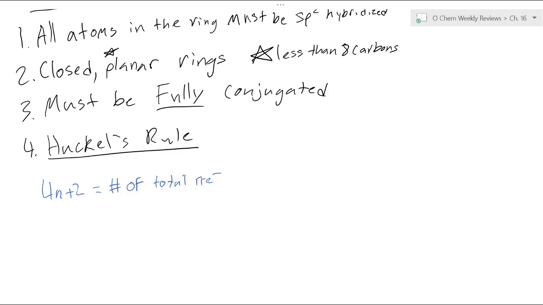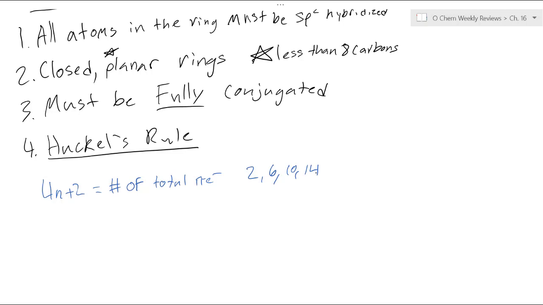Now, examples of electron numbers that would fit this pattern are 2, 6, 10, 14.